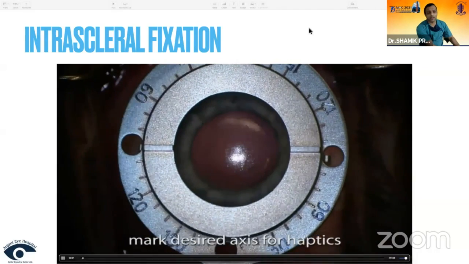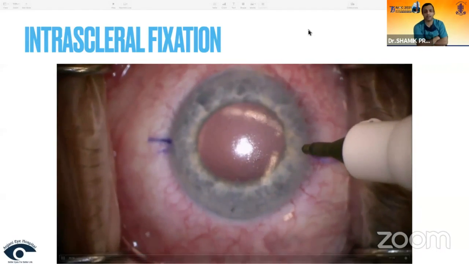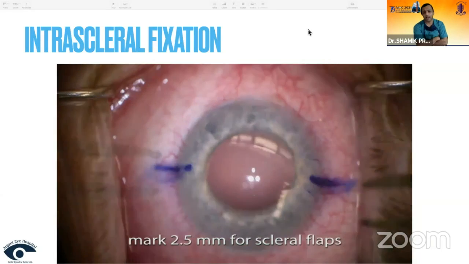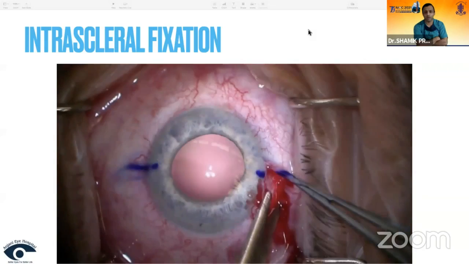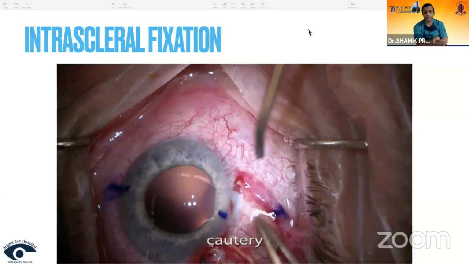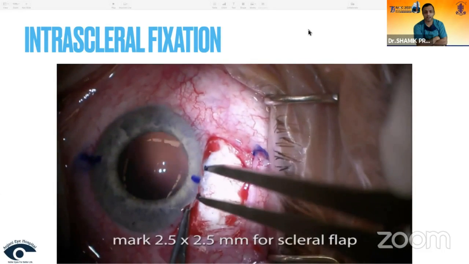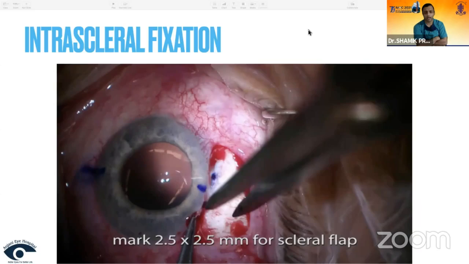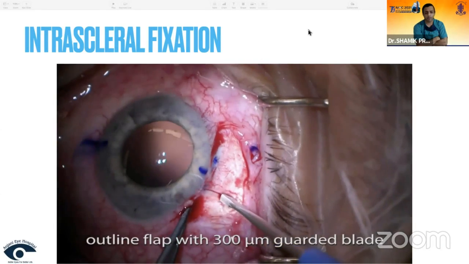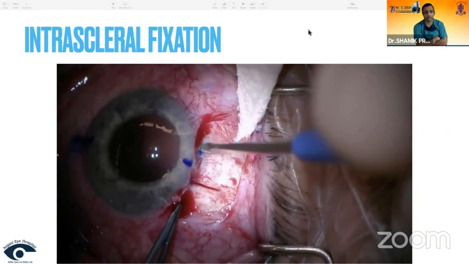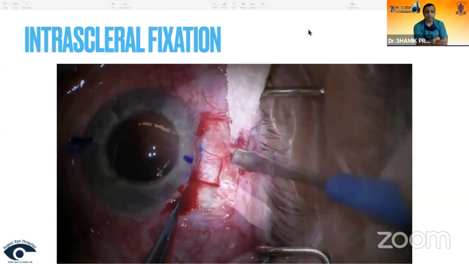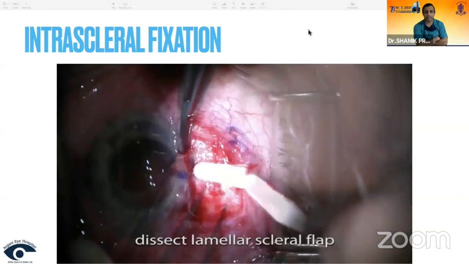In this, we start off with marking the axis at which we want to keep the lens, and also mark the 2.5 mm for making our flaps on the sclera. Once that is done, do a good cautery and marking of incisions for the flap on the sclera. Then we fashion a flap in that particular area.